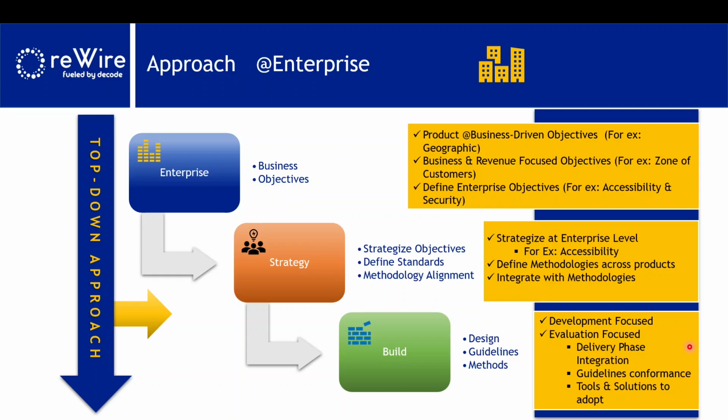At the same time, you should be in a position to develop the tools and standards that will be adopted by the entire workforce. So this is the overall approach on the enterprise side. Even for accessibility, you will have this kind of direction. The enterprise has to define your direction, your strategy, your methodology, and the required tools to meet those objectives.